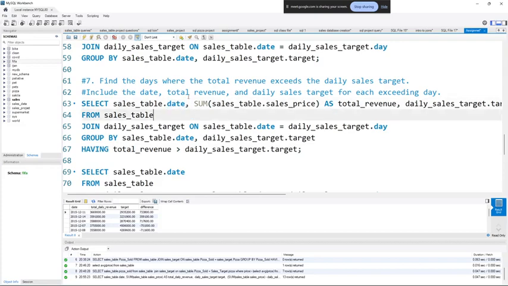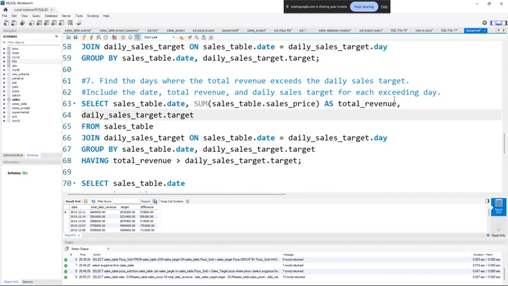How do we get our total revenue? From the sales table, we sum the sales price column. We sum it together. We've been doing this, and we call this total revenue. Then the daily sales target, that is the target from the daily sales target. We pick that too. From where? From two tables. From the sales table, join daily sales target.